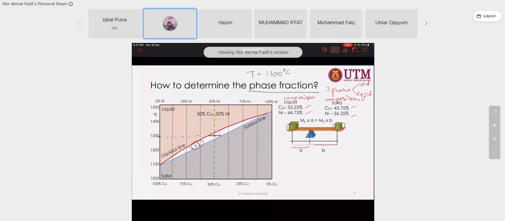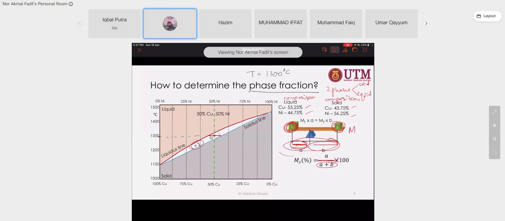That's an equilibrium state. So to determine the fraction of M for S, we can take the fraction of this length over the total length, A plus B, multiplied by 100. You want to know the weight of this: this over the total length is equivalent to this multiplied by the fraction, B divided by the total length.